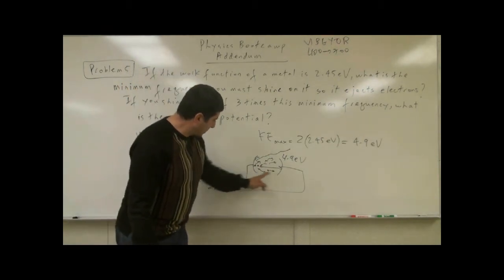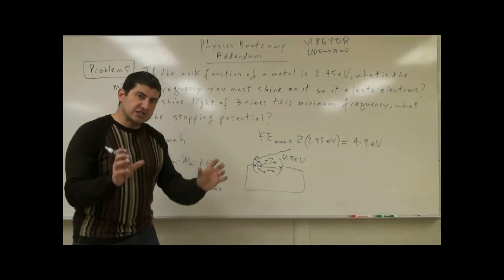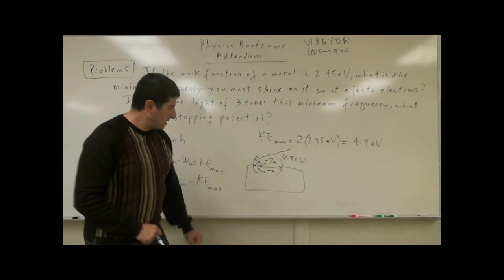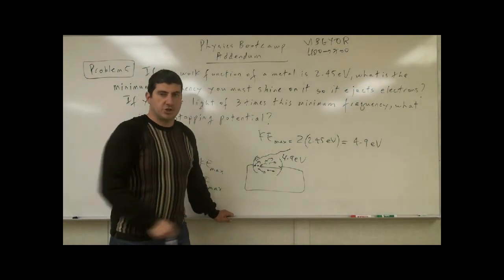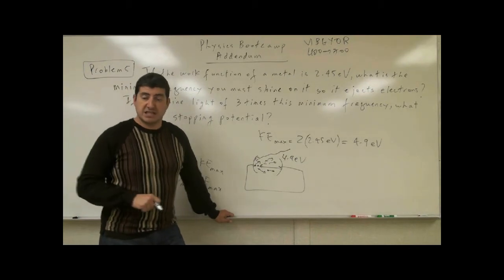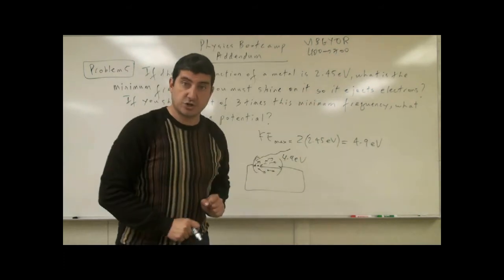With these two metal plates on either side, I can create a potential difference, right? Electrons tend to naturally want to go towards what potential? From electricity and magnetism class, we know that electrons like to go towards higher potential naturally.